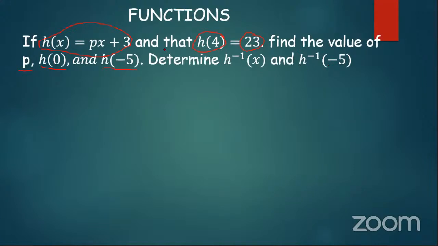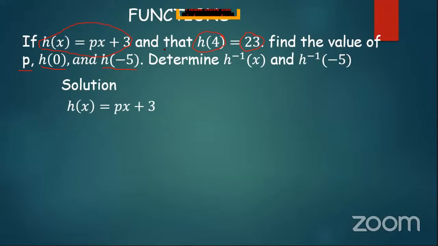So if we have our h of x as px plus 3, and h of 4 is equal to 23, how are we going to go about it? We are given h of x and h of 4, and h of 4 is equal to 23. So what do we do to find the value of p? Peter, Emma?